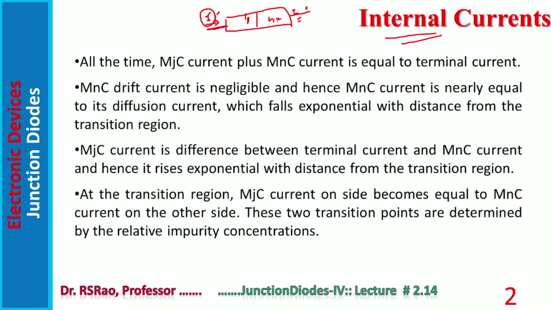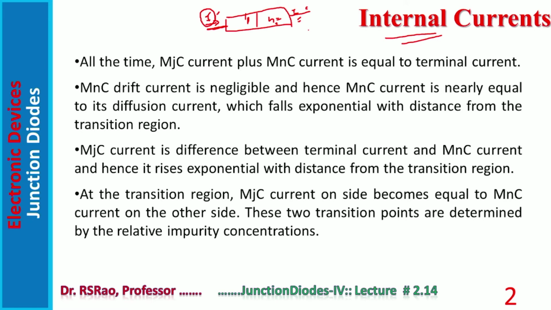Current due to holes is called minority carrier current. Notice, terminal current is always equal to majority carrier current plus minority carrier current, either in P region or in N region.